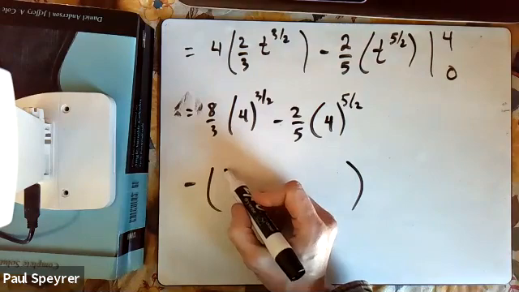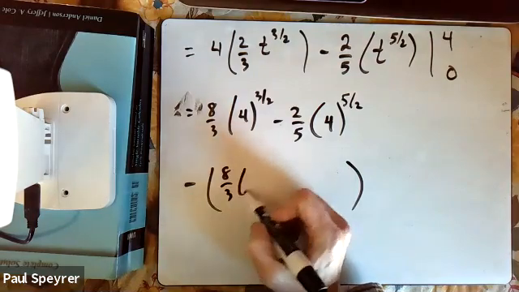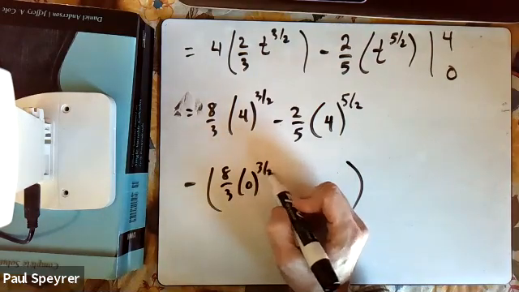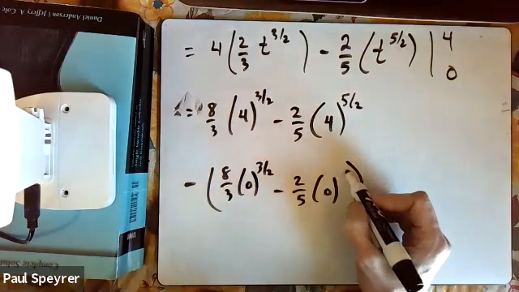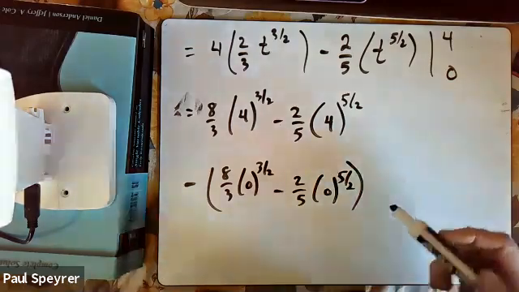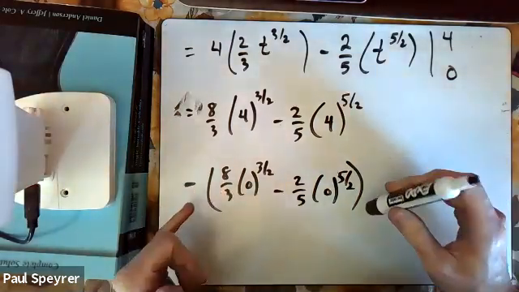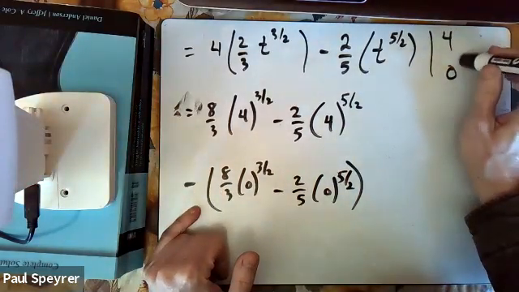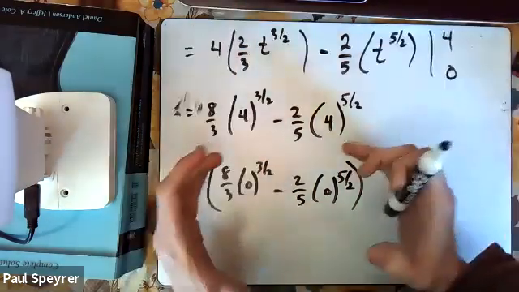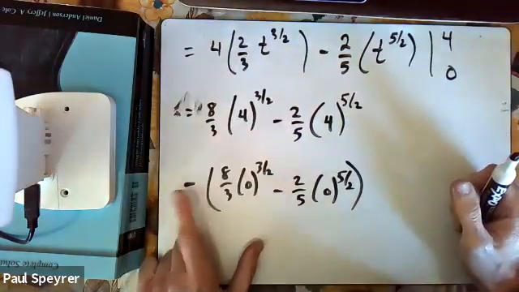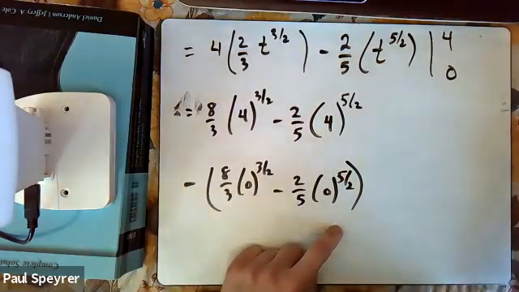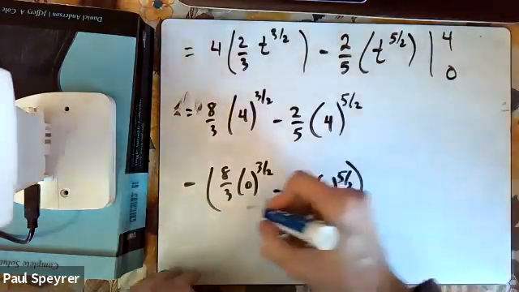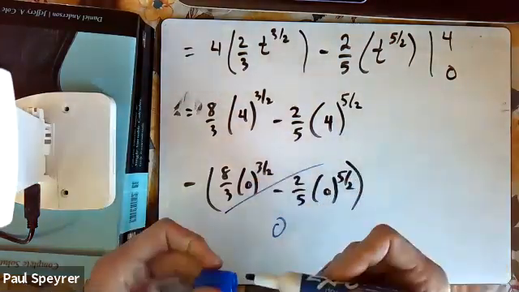So we're going to have 8/3 times 0 to the 3/2, minus 2/5 times 0 to the 5/2. Please don't forget, when you are evaluating that bottom limit, you subtract the entire expression. Make sure you throw parentheses to remind yourself, oh yeah, we need to distribute that negative in. In this case, we're okay though, because this is all just a big old 0, right?